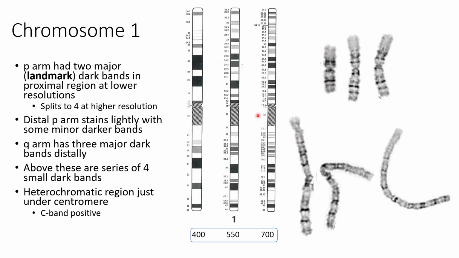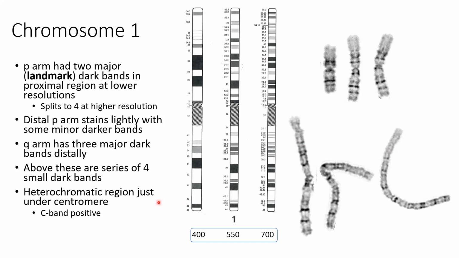So when I look at a 1, how do I identify that? I'm looking for, really at the end of 1P, a large light area. It does have dark bands in there, as you can sort of appreciate here, but it certainly looks much lighter overall than this region.